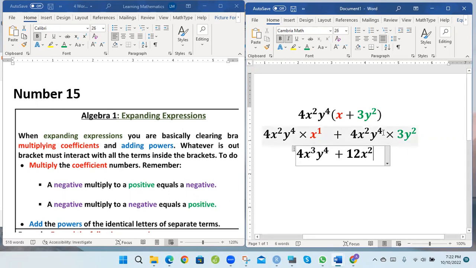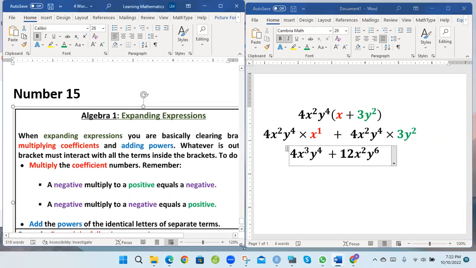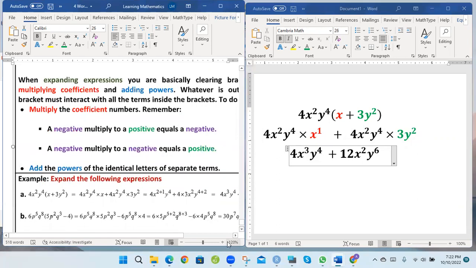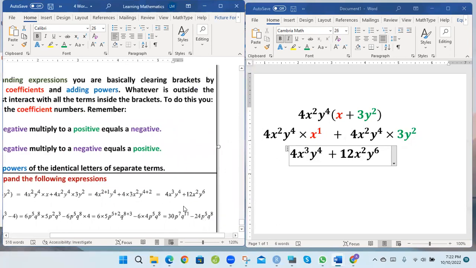But y to the 4 times y to the 2, this will become y to the 4 plus 2, which will give us 6. So this is the simplification of this expression, and this is what is explained here, as you can see. 4x cubed y to the 4 plus 12x squared y to the 6.